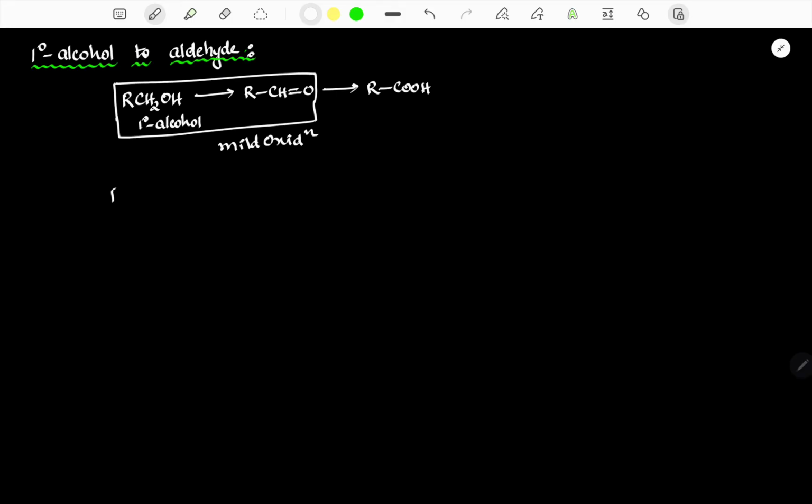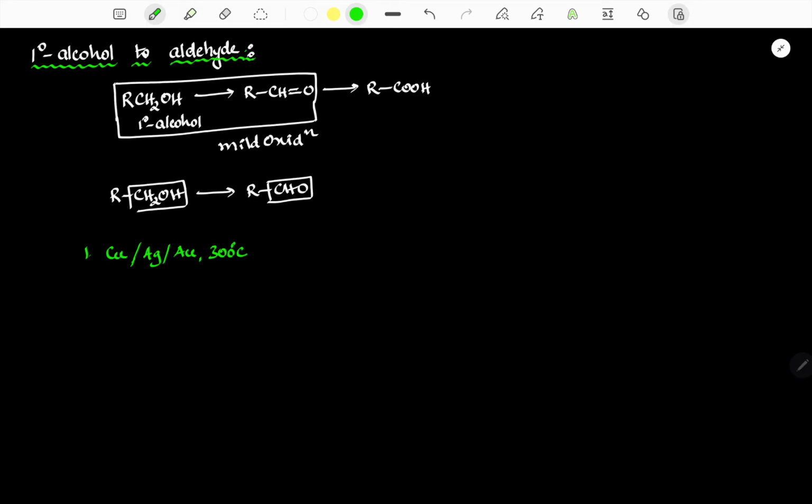Now we are writing the reagents for mild oxidation, that means primary alcohol conversion to aldehyde. Now we can use multiple reagents. The first reagent is copper or silver or gold at 300 degrees Celsius.